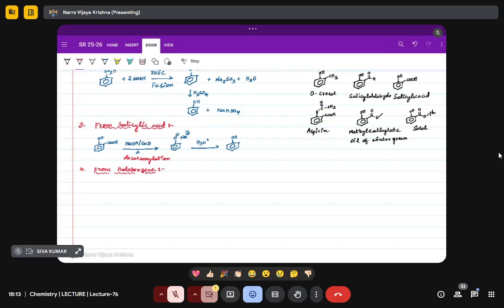Halogens, if they are present on benzene, we cannot replace them easily by using OH group. Why? We call it nucleophilic substitution. Because of partial double bond character. On the benzene ring, if you have any halogen, either fluorine, chlorine, bromine, iodine, the lone pair is involved in resonance, and hence you will get partial double bond character.